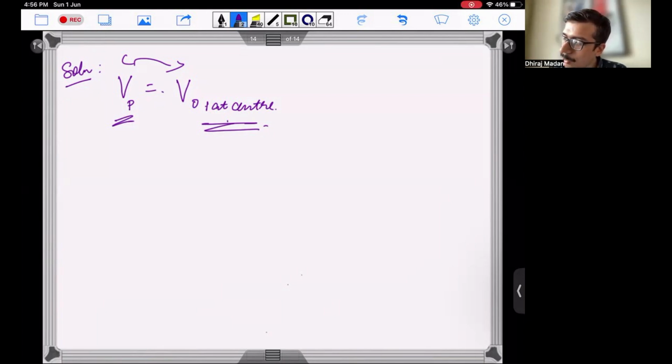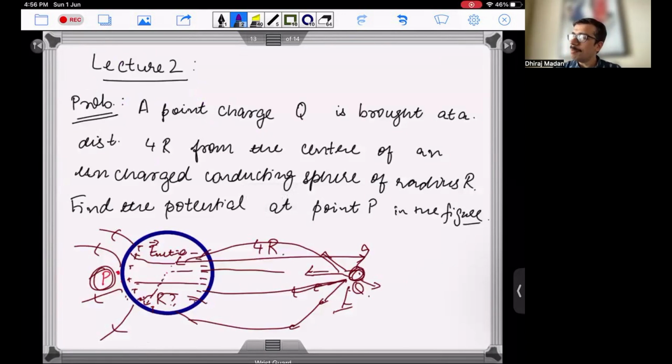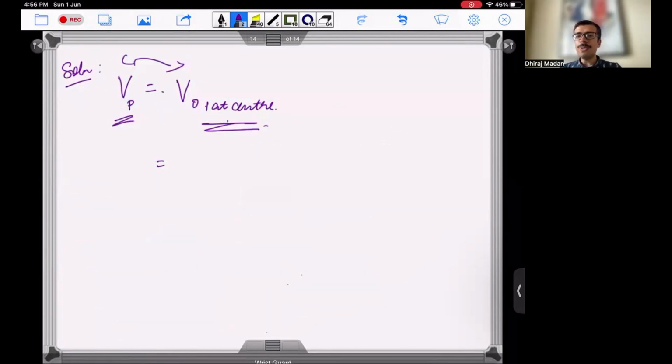And why is this now useful? Because now you can calculate the potential at the center O very easily. We know the expression for potential, which is the integral of dq over 4 pi epsilon naught r.